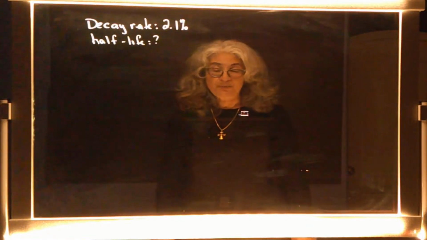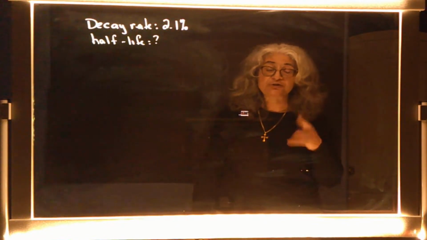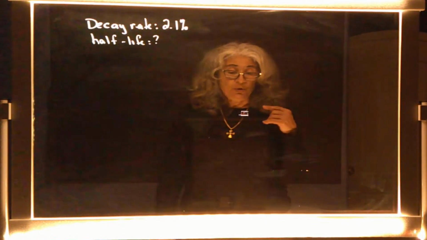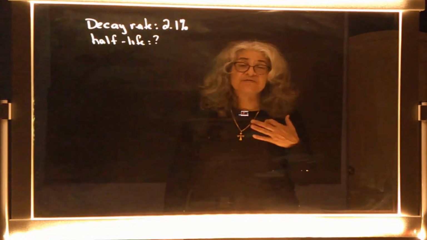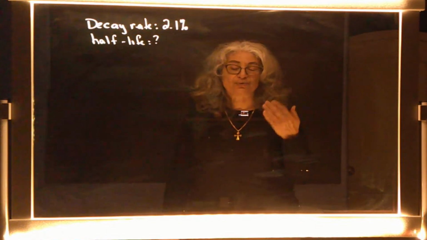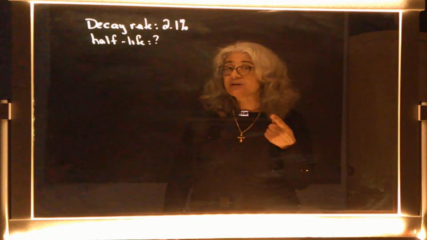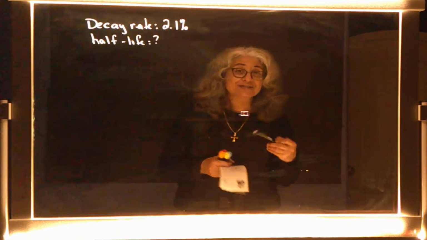Okay, so let's look at the next problem. The decay rate for a particular radioactive element is 2.1%, where time is measured in years. Find the half-life of the element. Okay, so they gave us a decay rate, didn't they? Which means we've got what kind of model? Good. An exponential decay model.